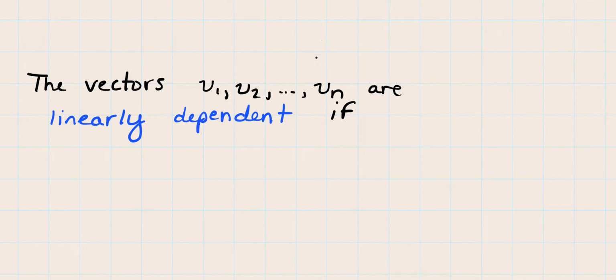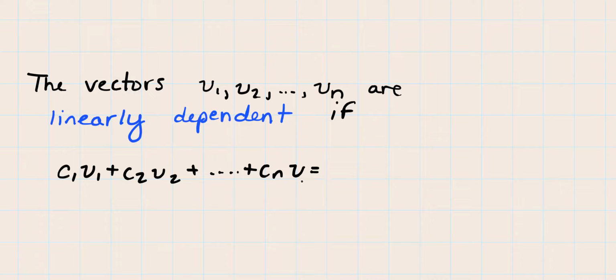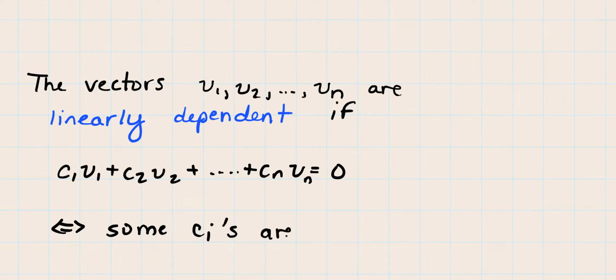The vectors v1 through vn are called linearly dependent if c1 v1 plus c2 v2 all the way to cn vn is equal to 0 if and only if some ci are not equal to 0.